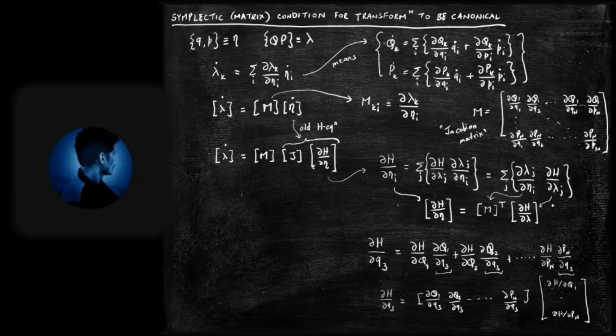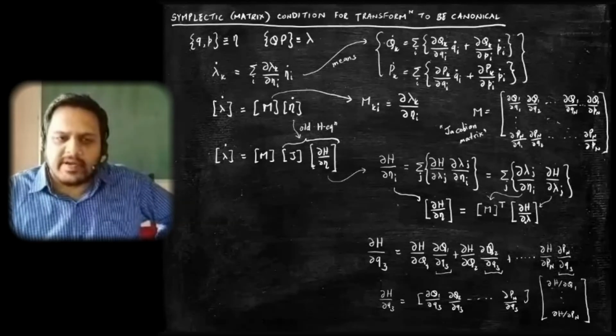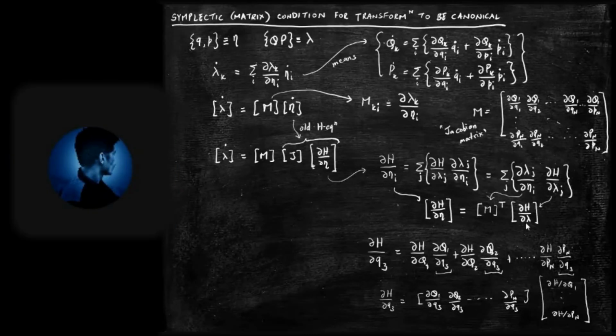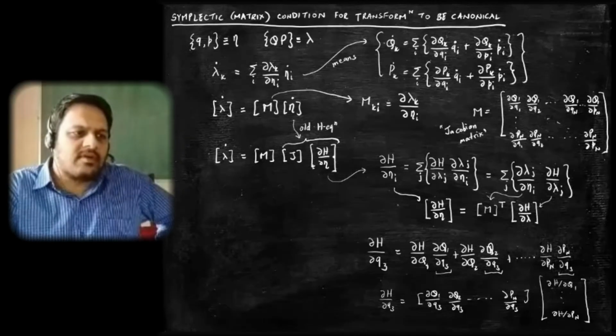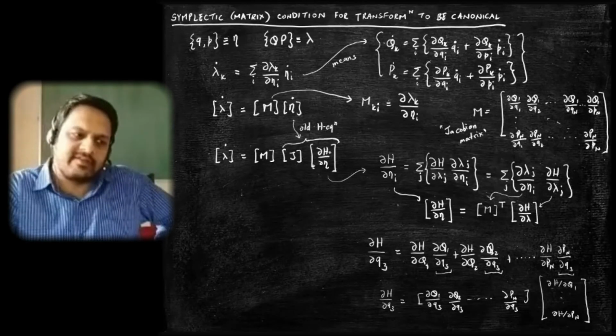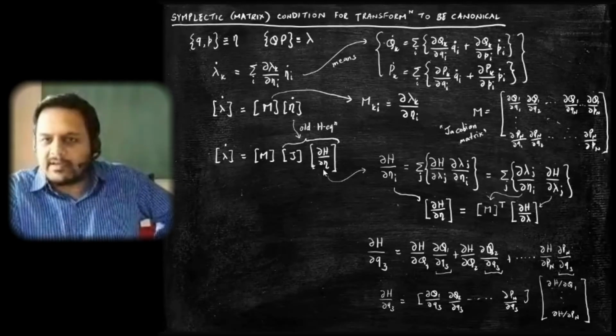If this guy is a column vector, then this guy has to be a column vector, otherwise the matrix equation doesn't make sense. But why is this guy a column vector? Because we started our whole game from there. η dot and λ dot are column vectors, and then η dot I wrote as J matrix times ∂H/∂η, which is also a column vector, the way we had written it three pages back.